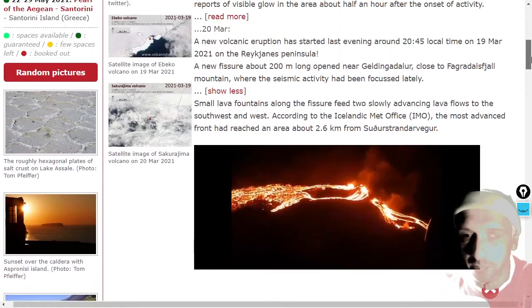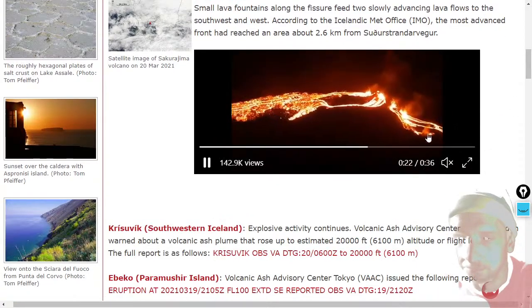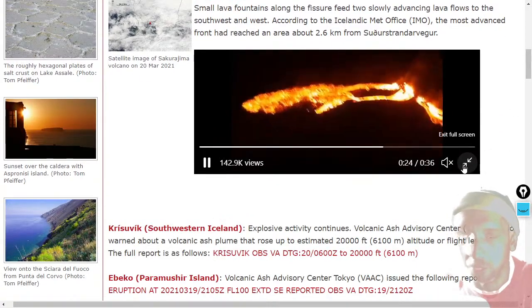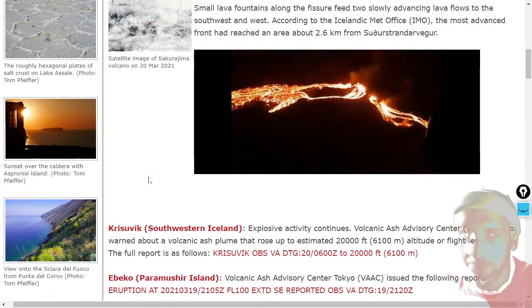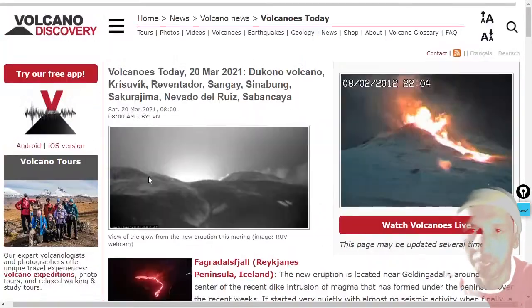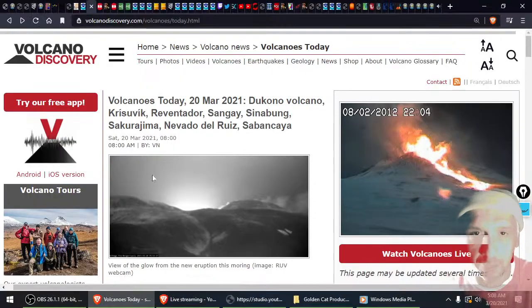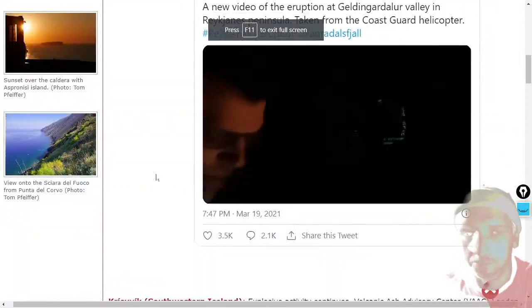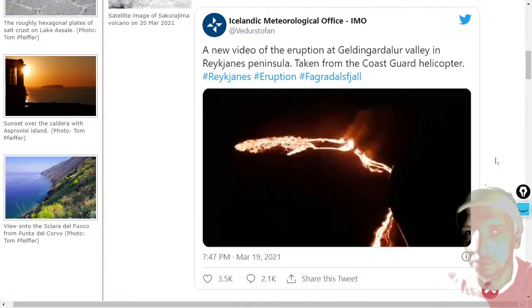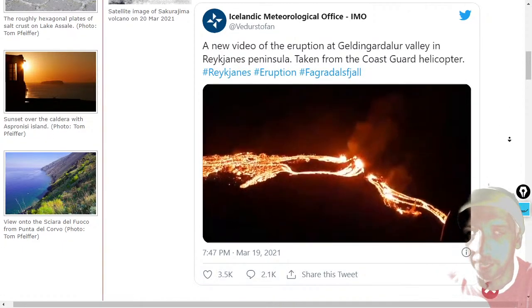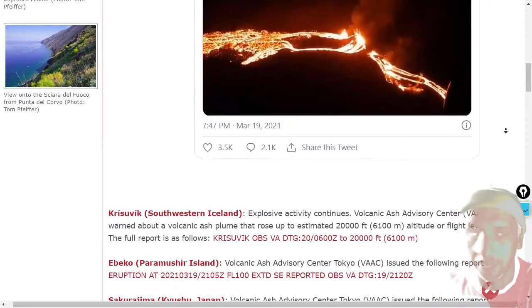It's pretty runny lava, folks. And this will not go full screen, or I would full screen it for you. But you can find that on volcanodiscovery.com. From the Coast Guard helicopter. Don't fly your helicopter over the caldera either.